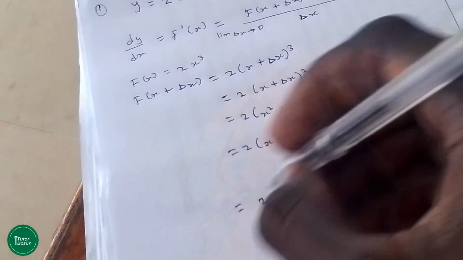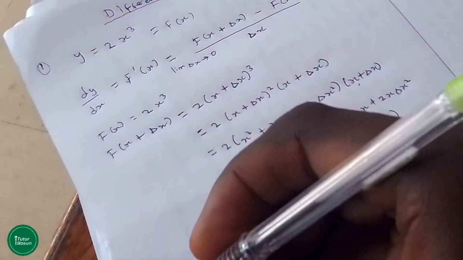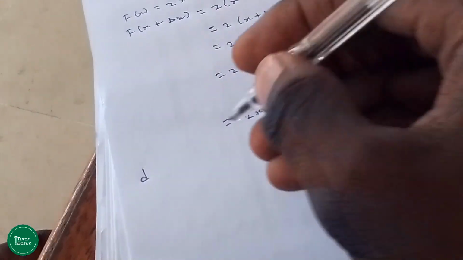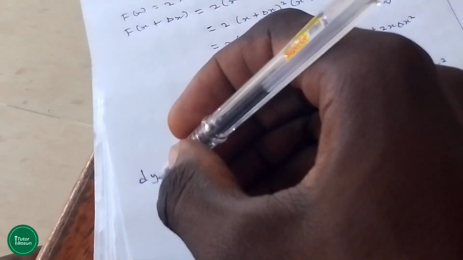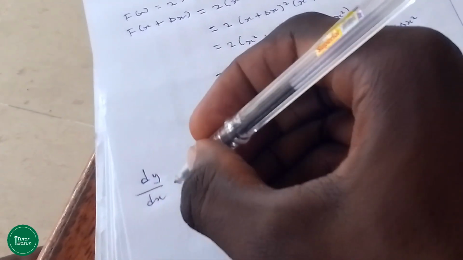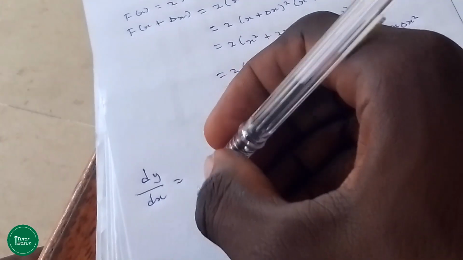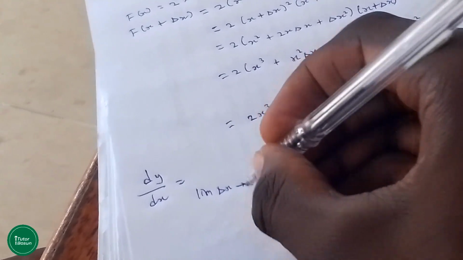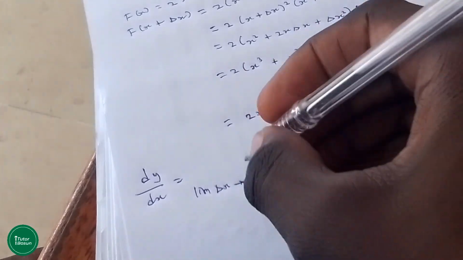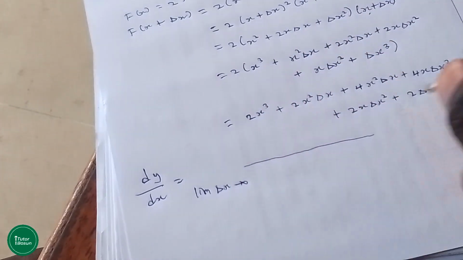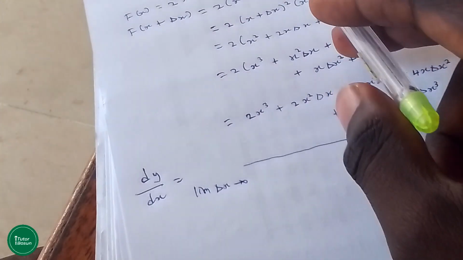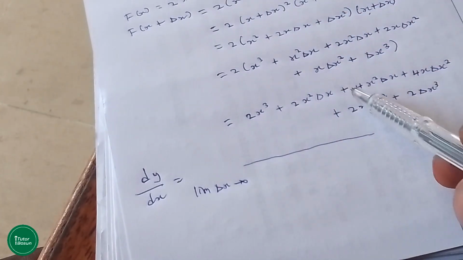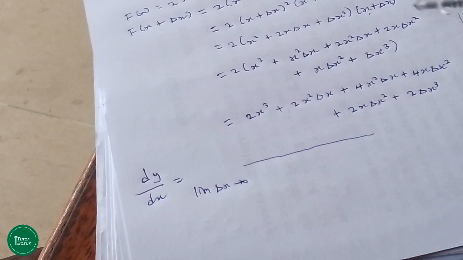Then dy/dx is the limit of delta x to 0 of f of x plus delta x minus f of x, and this is f of x plus delta x.